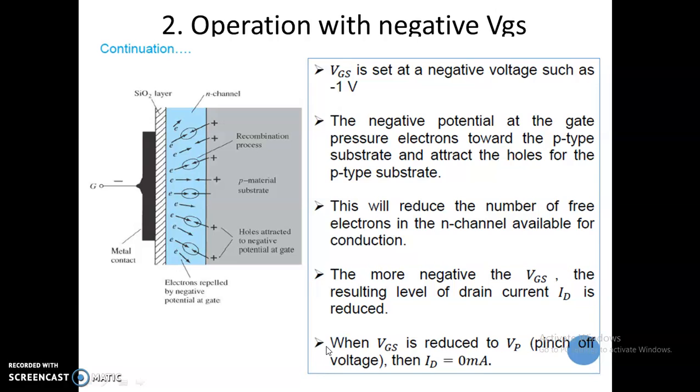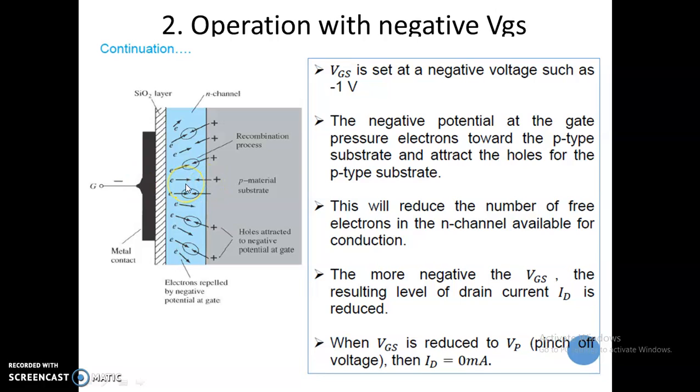Next, the operation of depletion MOSFET with negative VGS. Here you can see from the figure, a negative gate voltage is applied between the gate and source terminal. The gate tends to repel free electrons towards the P-type substrate and attract holes from the substrate.